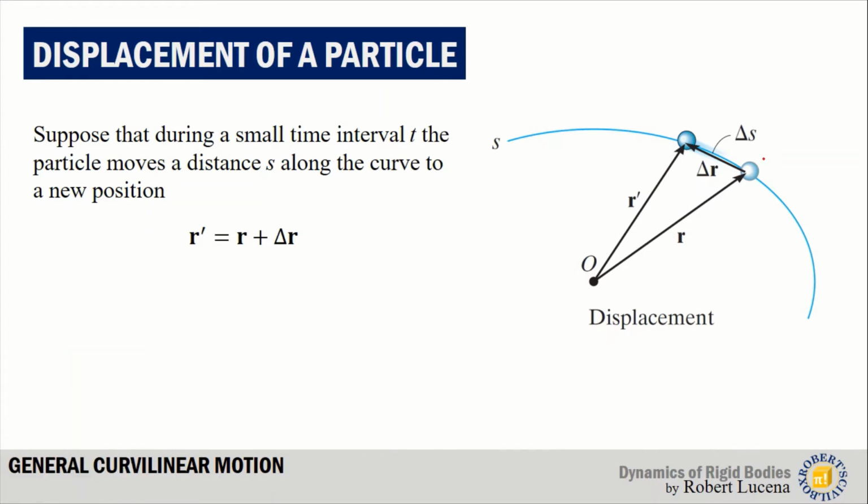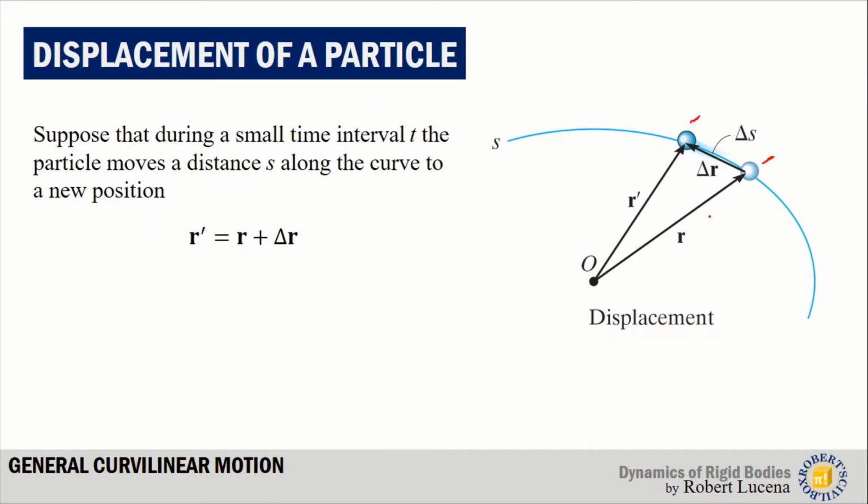If originally the initial condition of the particle is here, then it moves to this point, there is a displacement represented by delta s, or it could be defined by vector delta r.